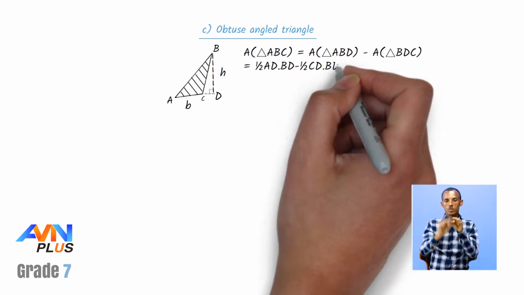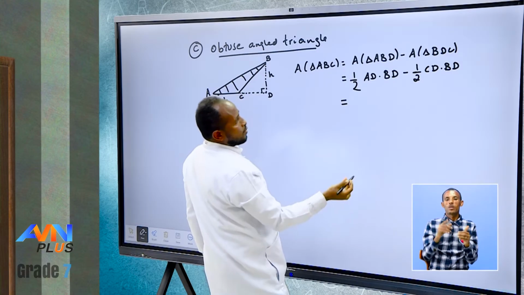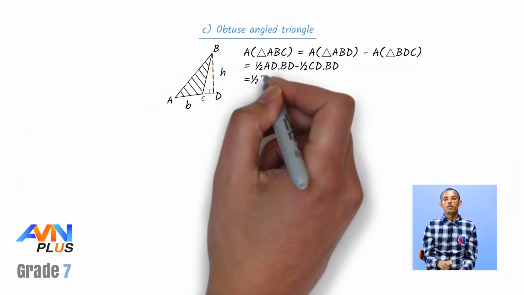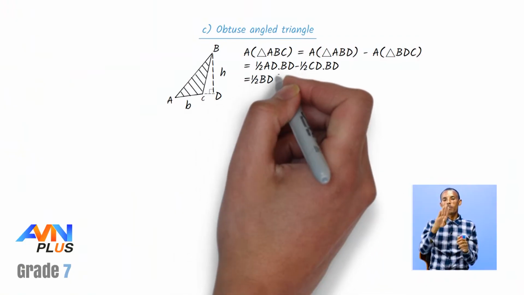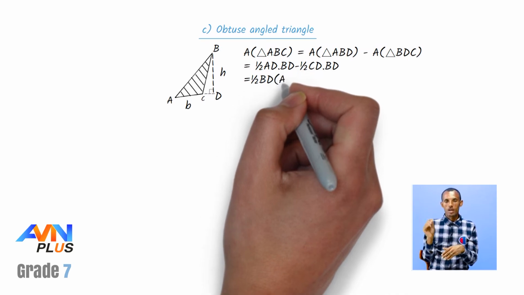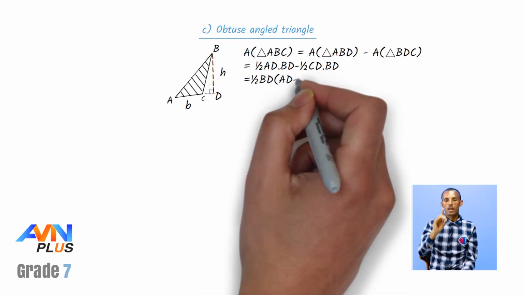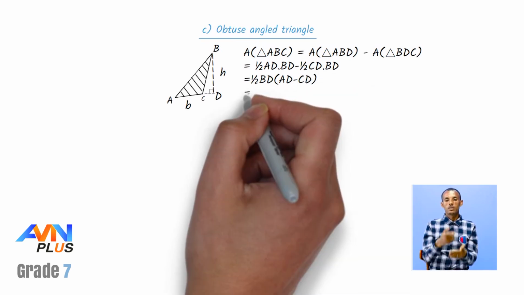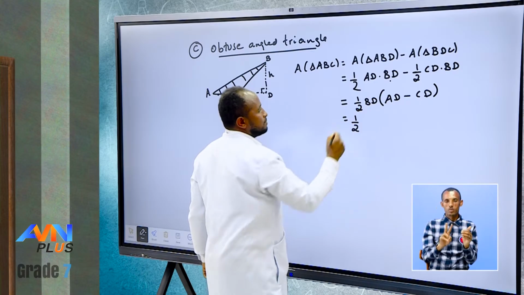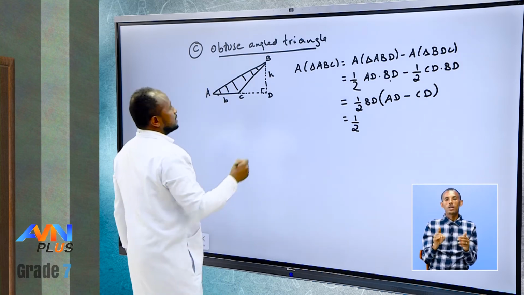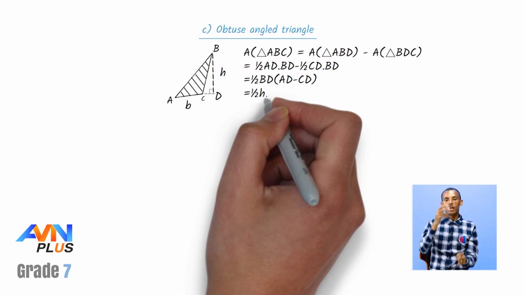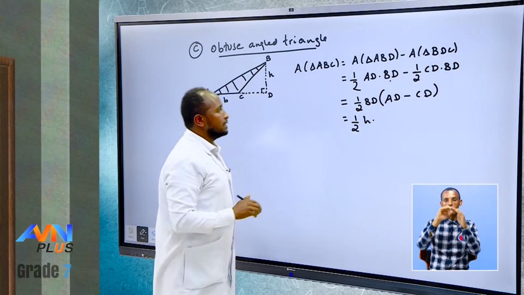You can take the common factor, half BD, outside, and you have AD minus CD. So this will be equal to half times BD. BD is the height of this triangle, H, times AD minus CD.